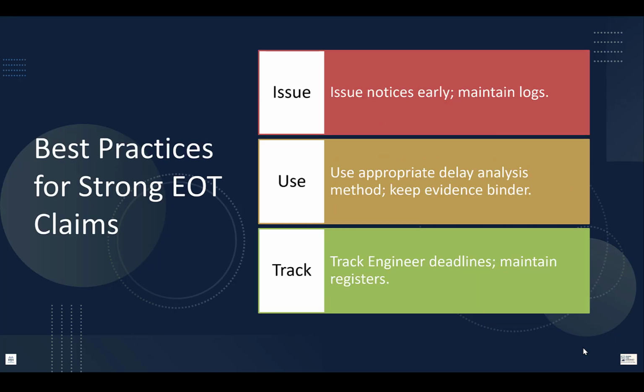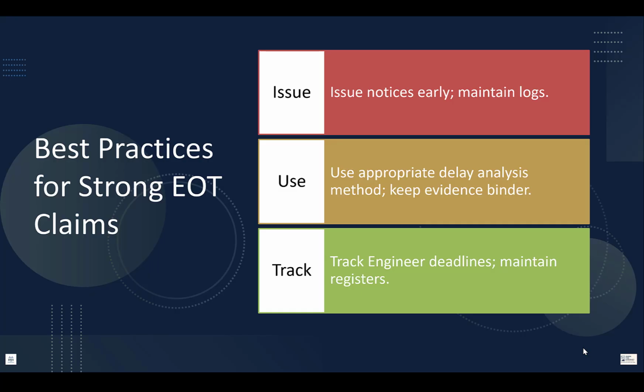So let's look at the best practices for strong EOT claims. Issue early notices, keep a daily log culture, maintain an approved and updated baseline. Use the correct and agreed delay analysis method based on your contract wording and specific schedule situation.